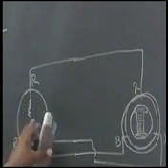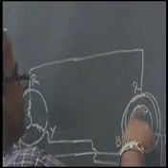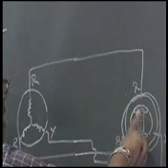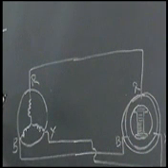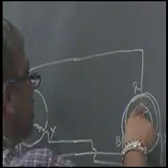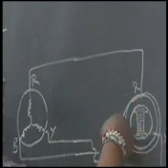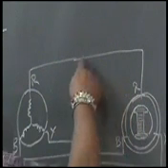So what is this synchronous speed? It is the speed at which the magnet is rotating. That means it is the speed at which the fluctuations of the current in these separate windings are taking place.